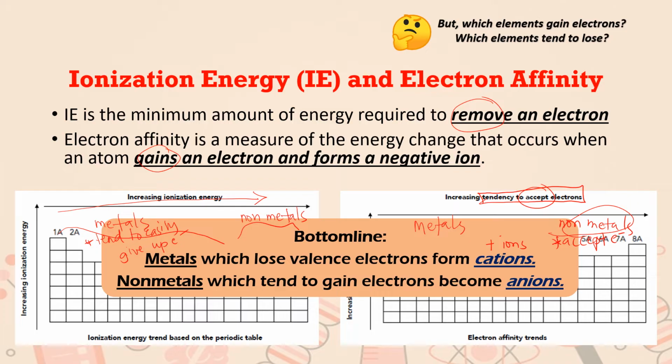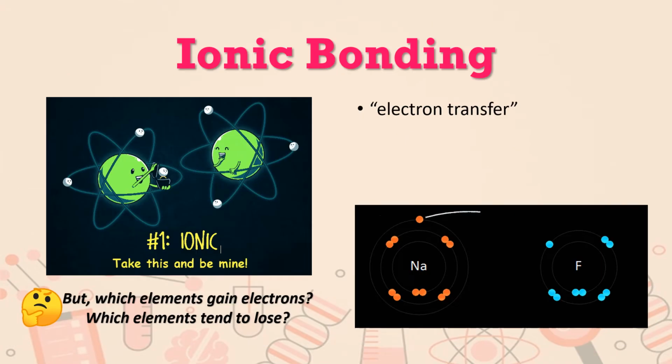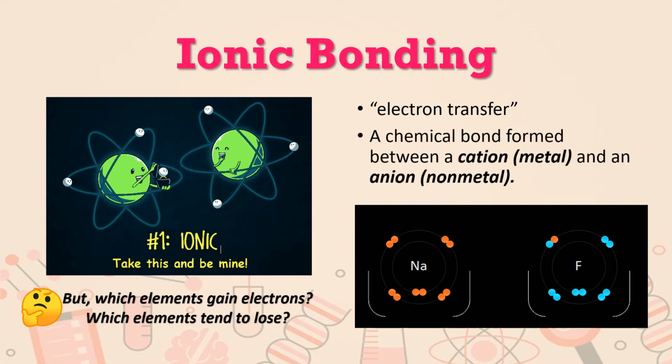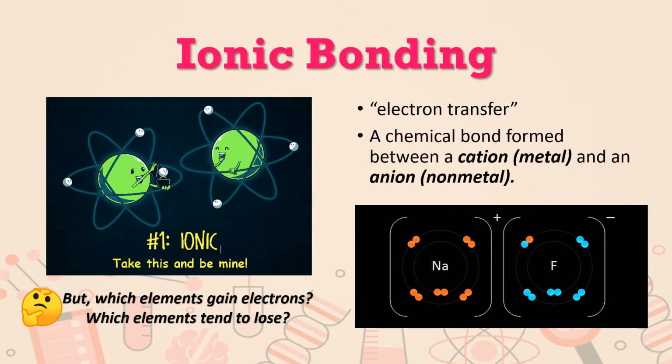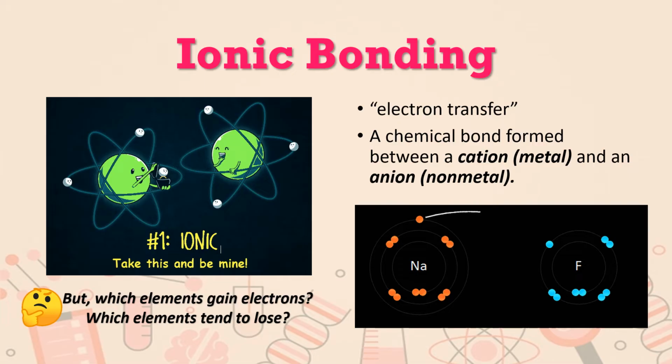And the nonmetals, which tend to accept or gain more electrons, become negatively charged ions. And negatively charged ions are called anions. So going back to ionic bonding, this is a chemical bond formed between a metal, which is a cation, and a nonmetal, or an anion.